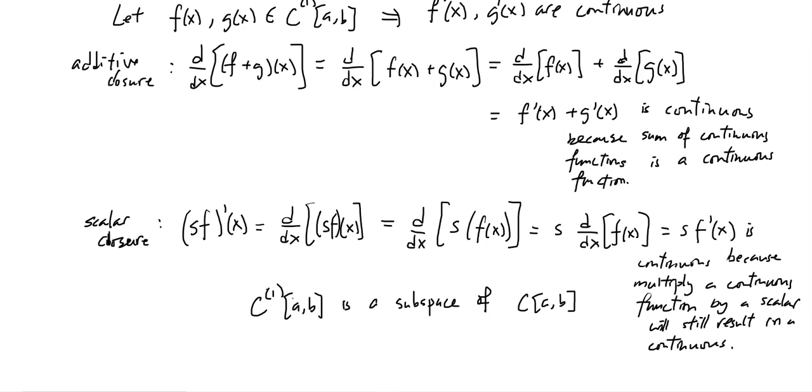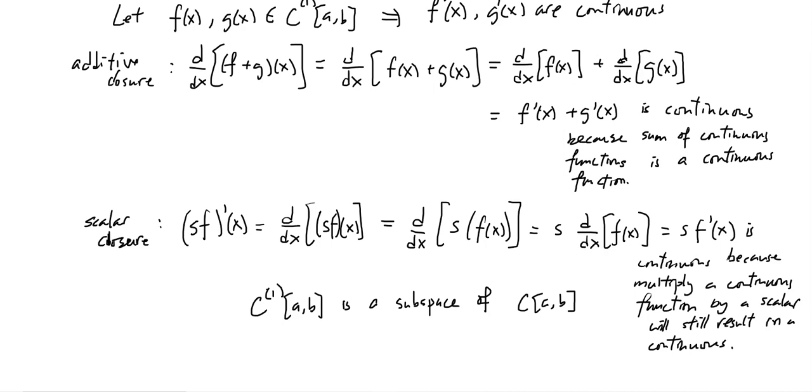Which makes sense, because every single function that has a continuous first derivative must be continuous. But there are continuous functions that do not have a continuous first derivative. So there are more continuous functions, but fewer continuous functions that also have a continuous first derivative.